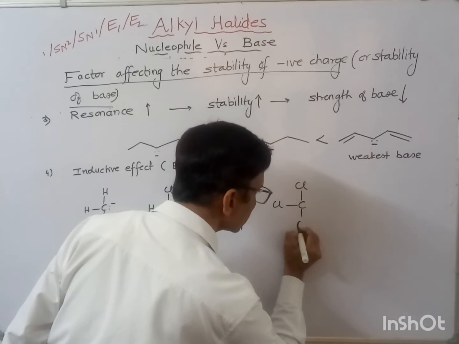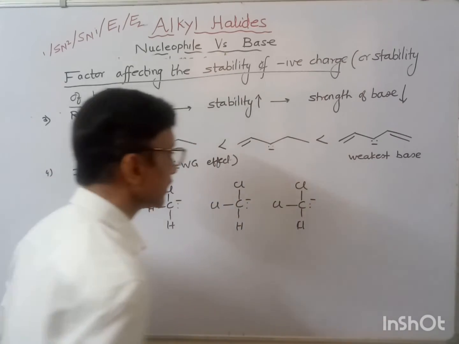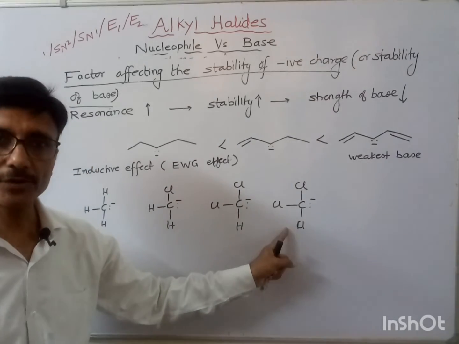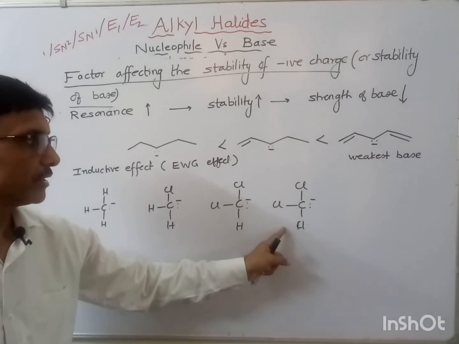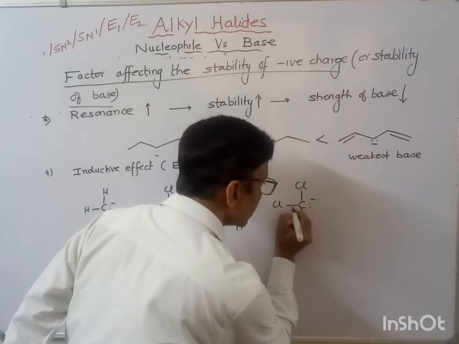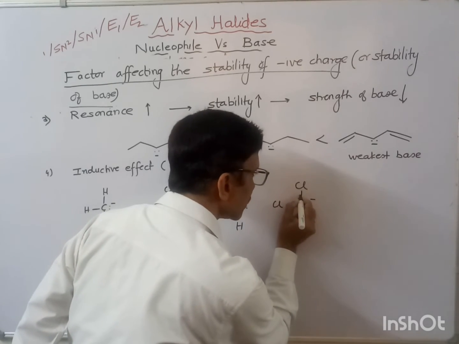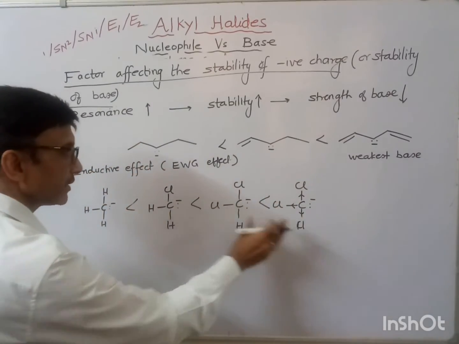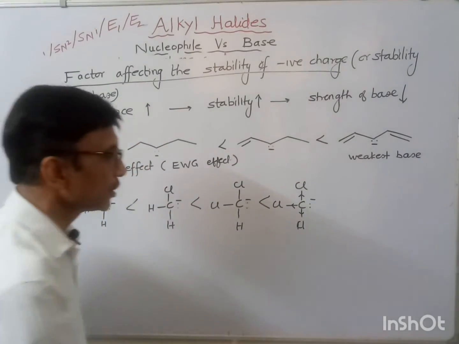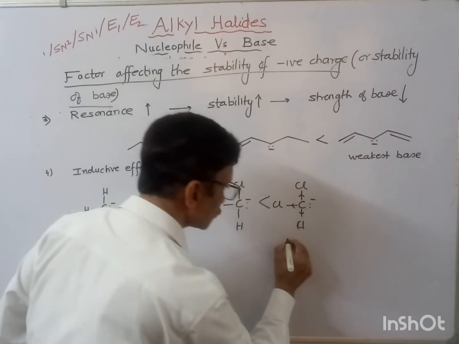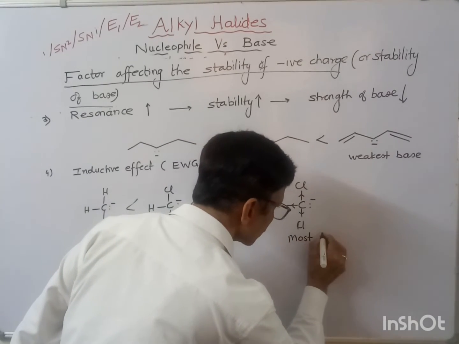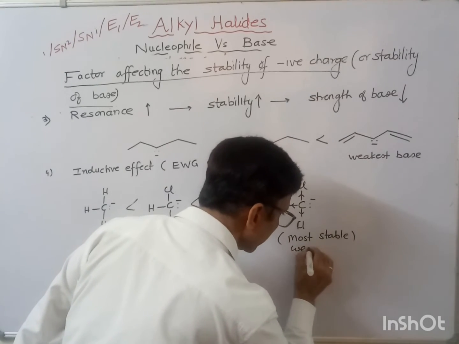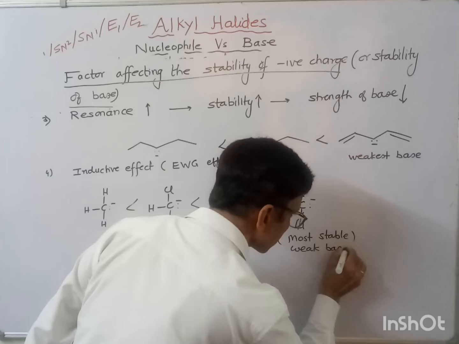So all of you can see that this species having 3 electron withdrawing chlorine atoms will neutralize the negative charge much more in comparison to this. So this is much more stabilized in comparison to this. So this is most stable and this is least stable. Most stable, and this will act as the weakest base. So this is weak base. Okay.